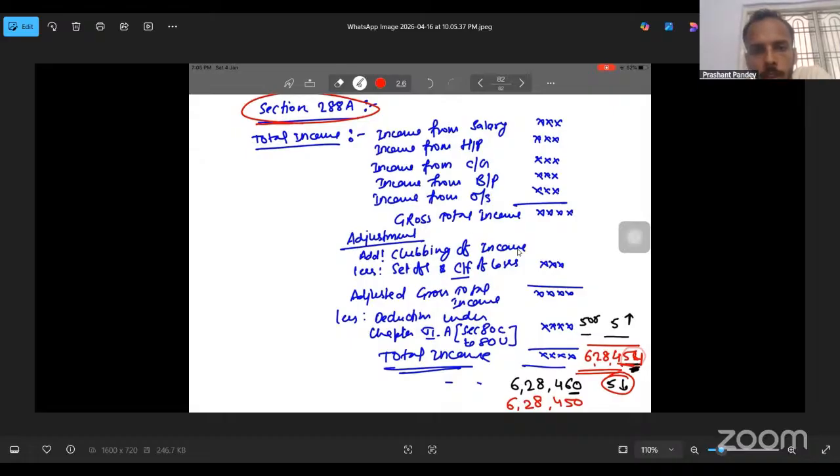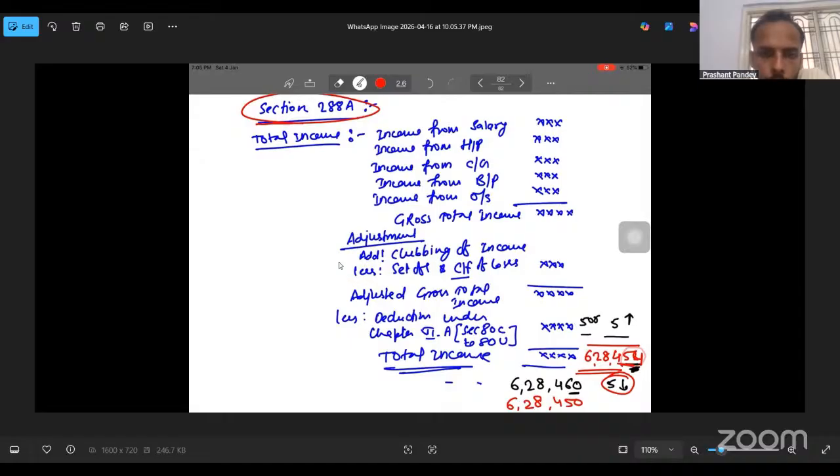Okay. So after clubbing of all the incomes and setting off and carrying forward all the losses, we derive the adjusted gross total income. Students, in order to understand these adjustments, you need to go through my previous classes once, wherein I have covered clubbing of income and set off and carry forward of losses.